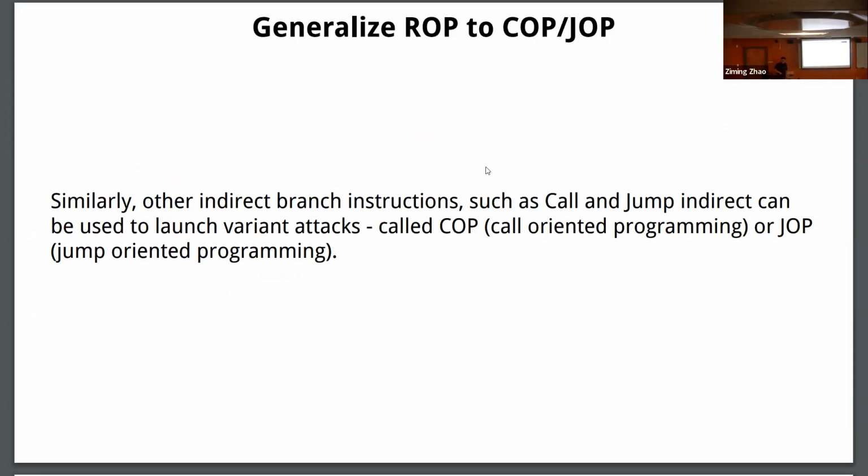The difference is that the last instruction in their gadgets is not a return instruction, but a call or a jump instruction. The call can be indirect or direct, and the jump can also be direct or indirect. Indirect means something like call EAX, call RAX, or a register. Direct means a hard-coded address in the instruction.